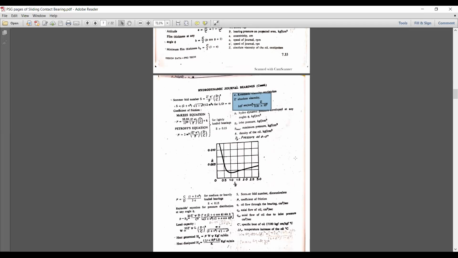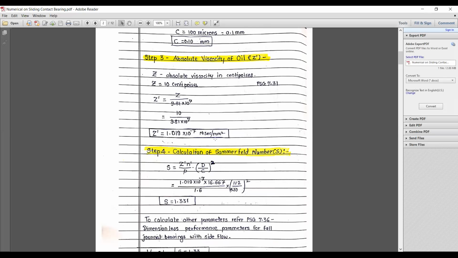So Z dash is equal to Z divided by 9.81 into 10 raised to 7. Whatever value we get, we can convert into Newton second per mm square. In the numerical, we have directly converted the values and given them to the design.